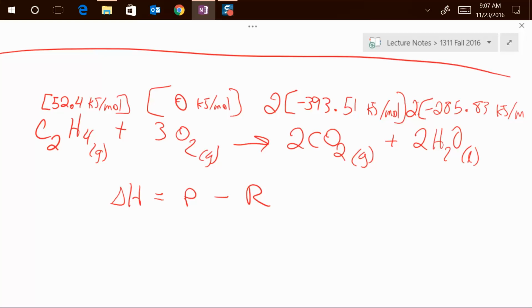Okay, there's only one of them, so I don't have to change that. This I don't need to multiply by 3. It's 0, so 0 times 3 is 0, right? So I can leave that alone. And then, basically, whatever this number comes out to be after you multiply each one by 2 and add them together, you subtract 52.4 from it, and that'll be the delta H of this reaction. Okay?